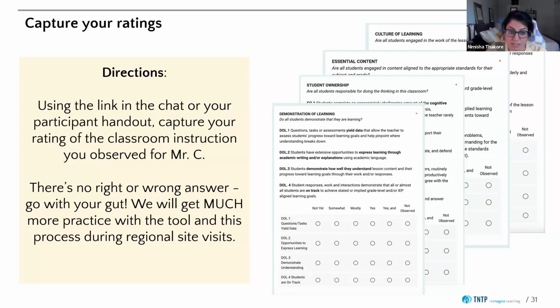There's no right or wrong answer. You're not going to get an A+ or C- when you submit your responses. Just go with your gut, and you only have 5 minutes, so don't overanalyze. We'll get a ton more practice using this tool throughout our sessions this year and during regional site visits. So for now, just go with your gut, submit those ratings, and we'll head into breakout rooms in 5 minutes.